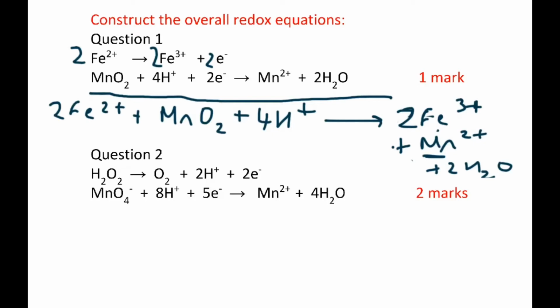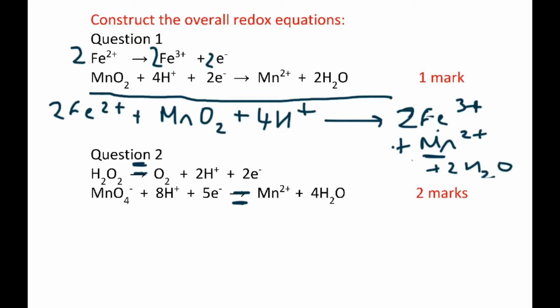Now the second example has got 2 marks, and that's because it's more difficult. Again, you've got an oxidation half equation and a reduction half equation. There's a different number of electrons, so your first job is to make the electrons the same on the left hand side and the right hand side. Some people think it's easier to think about this like equal signs, because it reminds them of maths.